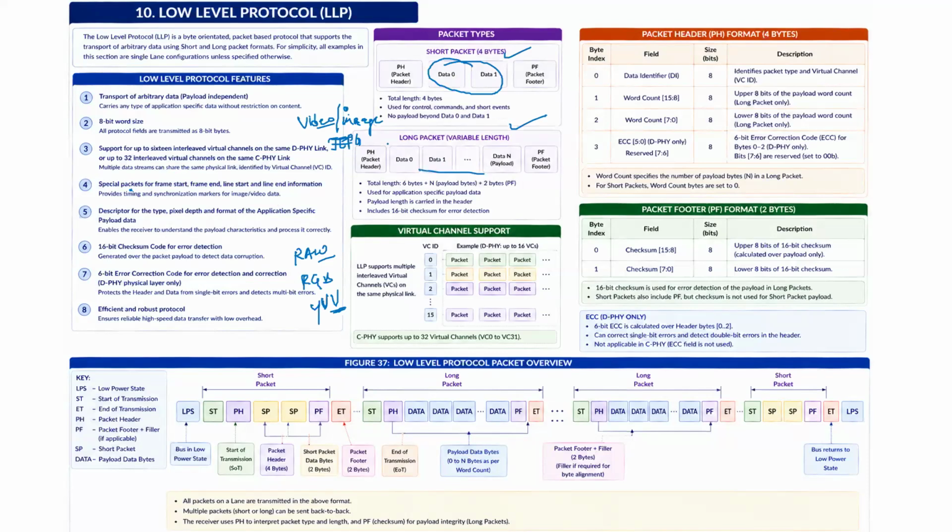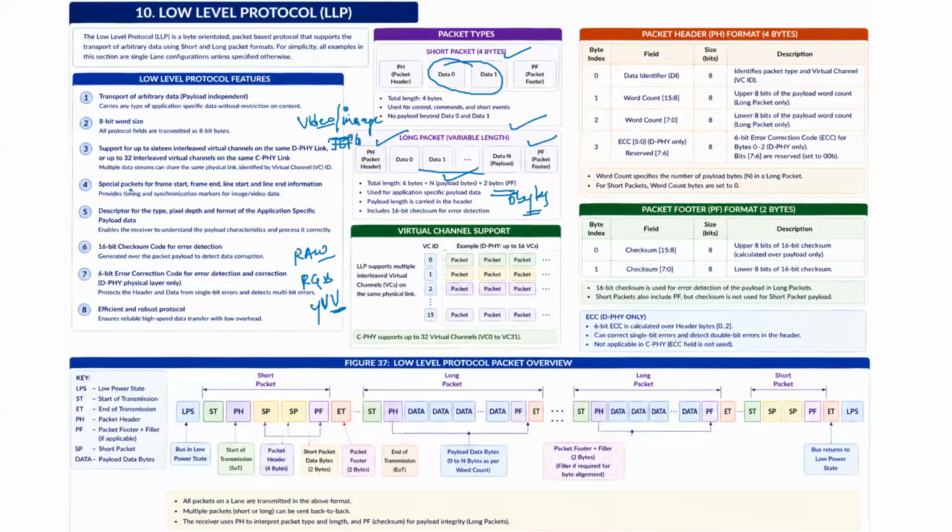That means between the packet header and packet footer we are sending the payload, which is n number of data bytes. Here the total length is 6 bytes of data, plus 2 bytes for packet footer and packet header, so a total of 8 bytes of data we are transferring here.